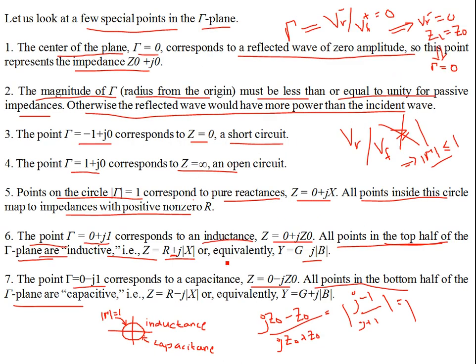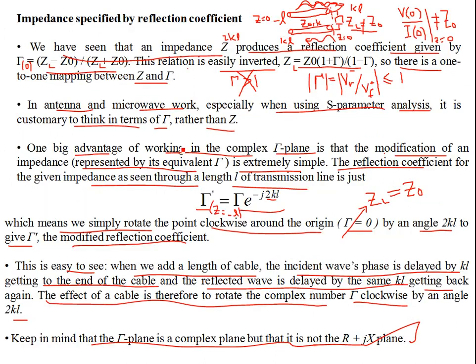That's the idea. The first thing is that there is a one-to-one mapping between Z and gamma, so if gamma is specified, you can find out what Z is wherever you are on the transmission line, and from Z you can find gamma likewise.